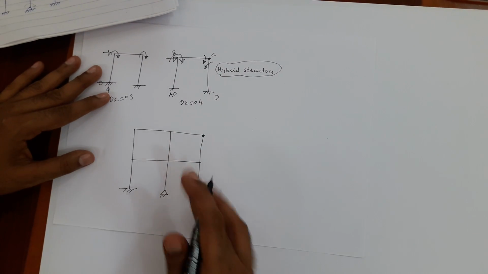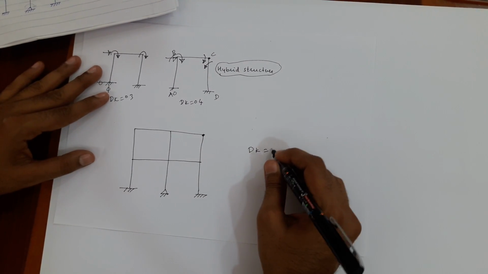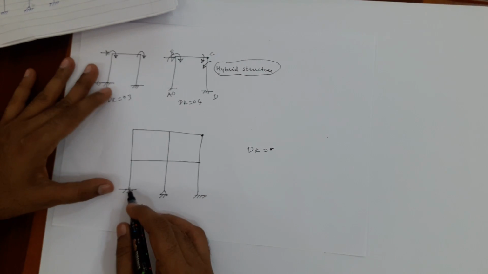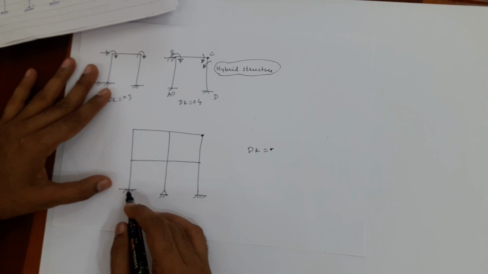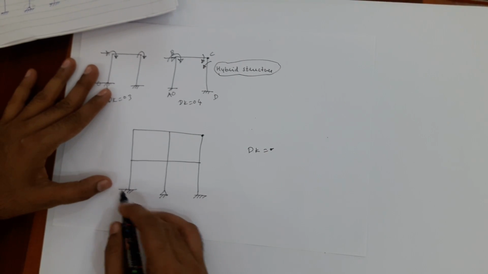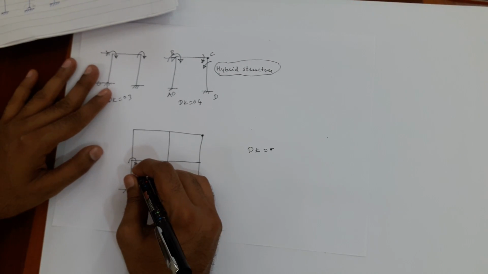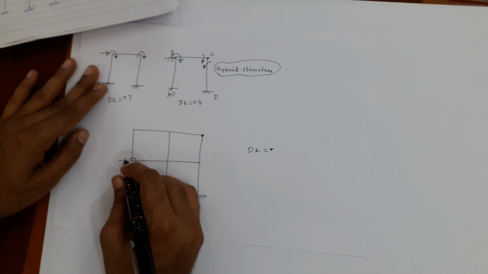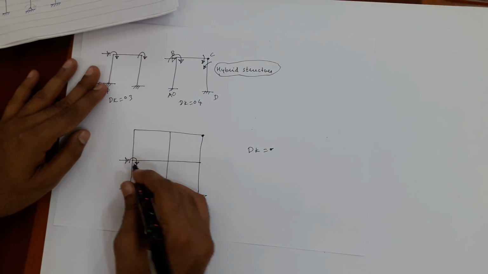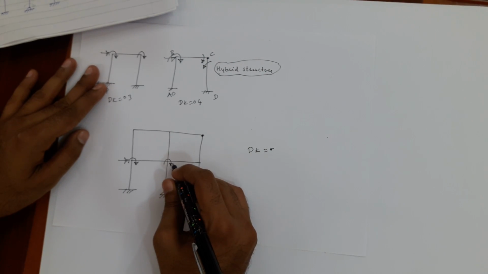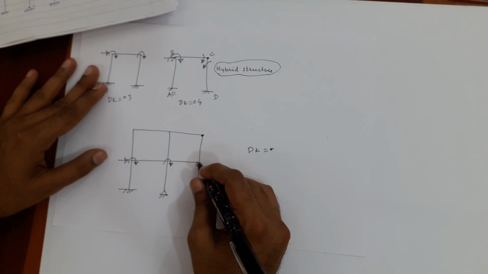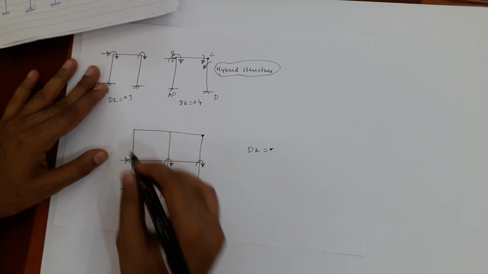So we will see for this structure how to find DK. Here we have 3 reactions. There is no displacement in any direction. Here we will have a joint rotation and one horizontal deformation. Here also we will have a joint rotation. We don't have to show the horizontal deformation. Here also a joint rotation.